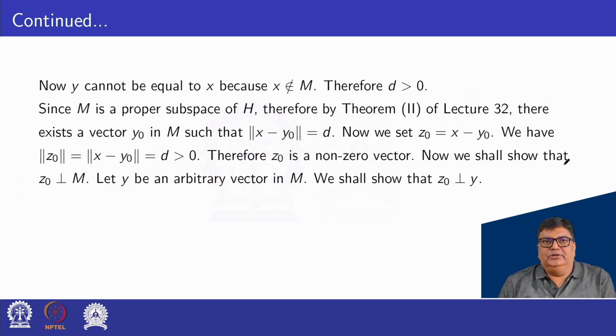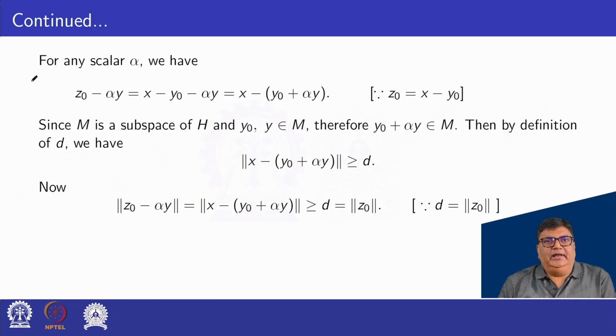Now we shall show that z0 is perpendicular to M. Let y be an arbitrary vector in M. We shall show that z0 is perpendicular to y. For any scalar alpha, we have z0 minus alpha y, where z0 is x minus y0.